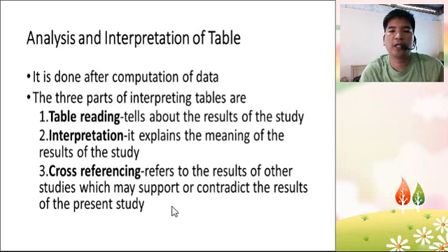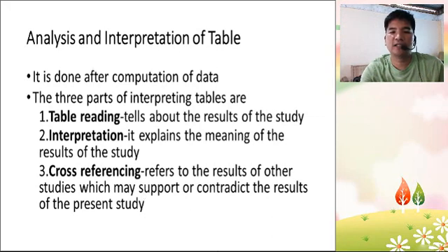So kailangan i-compare mo yung result ng study mo doon sa mga result ng study ng ibang researchers or ibang scientists. So that is what we call cross-referencing. So these are the three parts that you will put in the analysis and interpretation of your table.